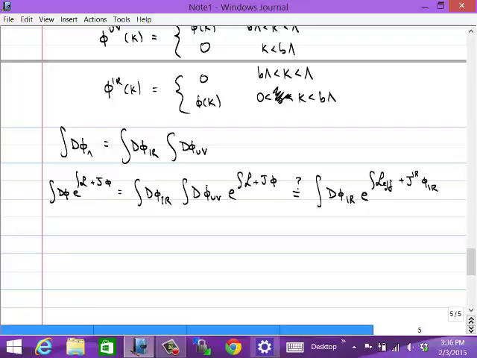I just want to sketch for you how it goes, and we'll hopefully be able to do the calculation next class. Roughly speaking, the idea is that you think of L of phi as L of phi IR plus phi UV.